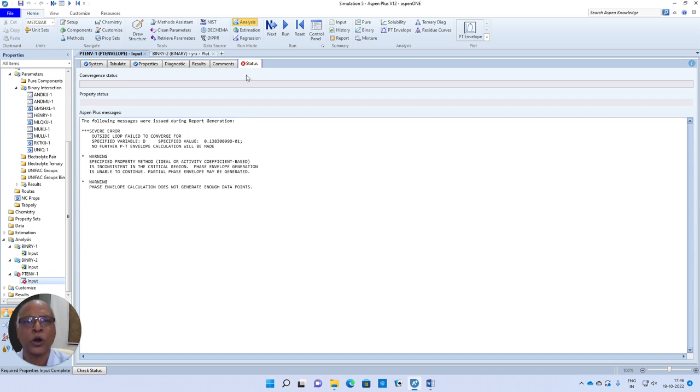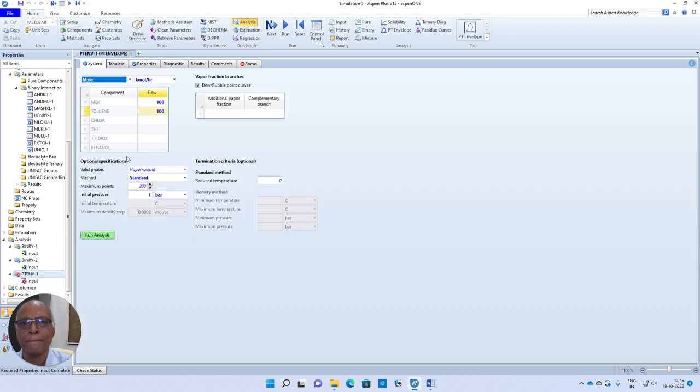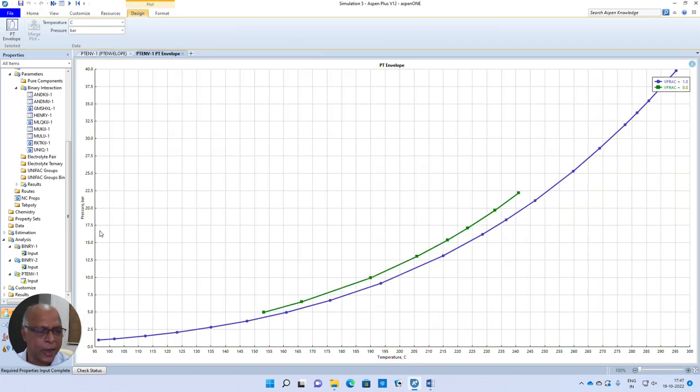There was some problem with this temperature and pressure. That's why we were not getting. For this particular system, the two components are MEK and toluene.